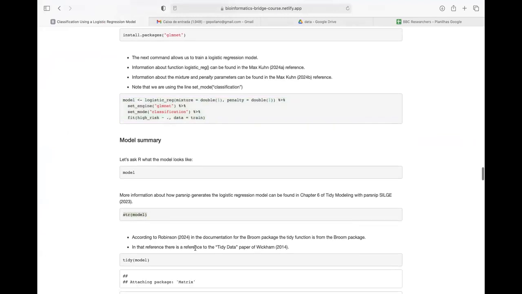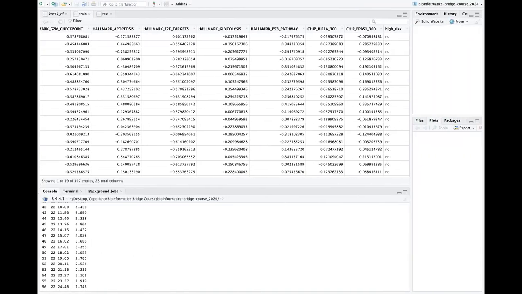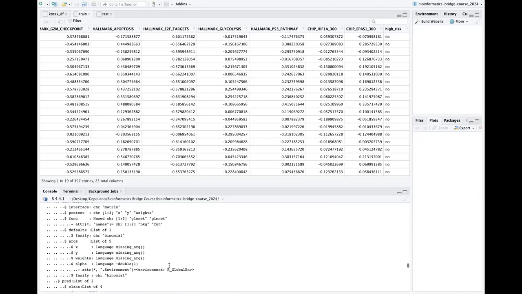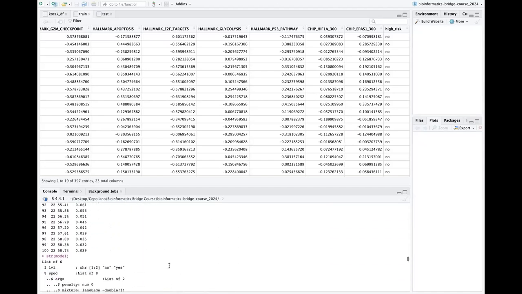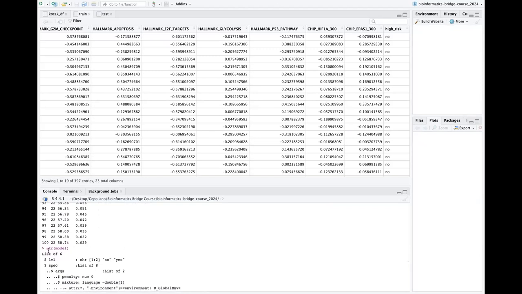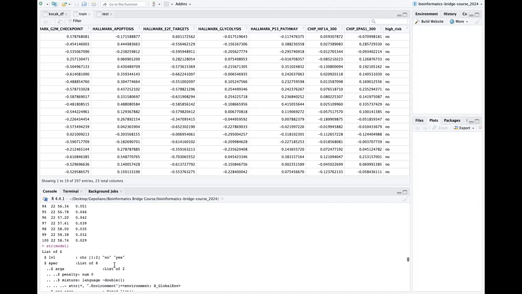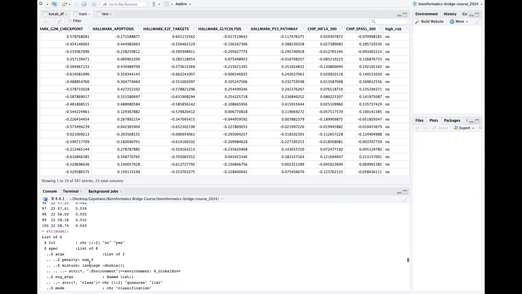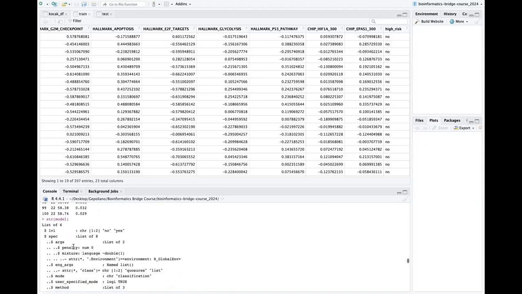I can also take a look at the str of the model, the structure of the model. This is what it looks like. It tells me it's a list of 6. It has 2 levels, yes and no, which makes sense. Spec, I do not know what it is.